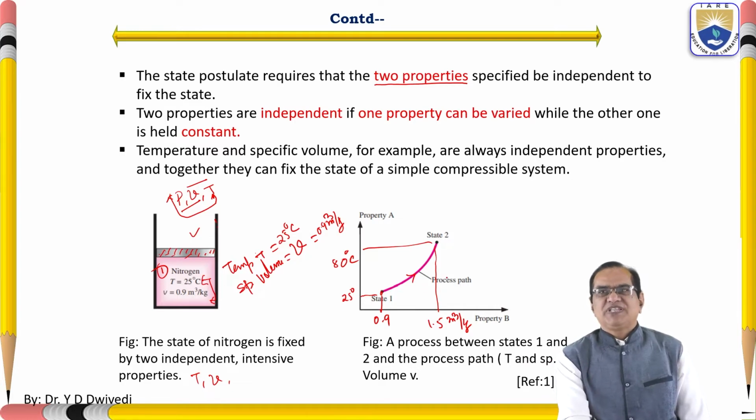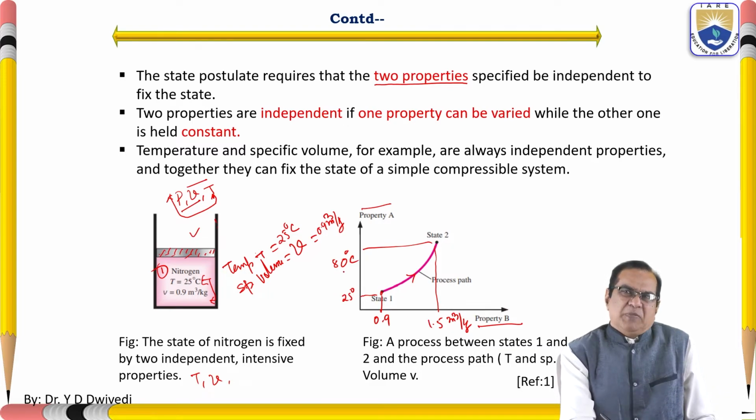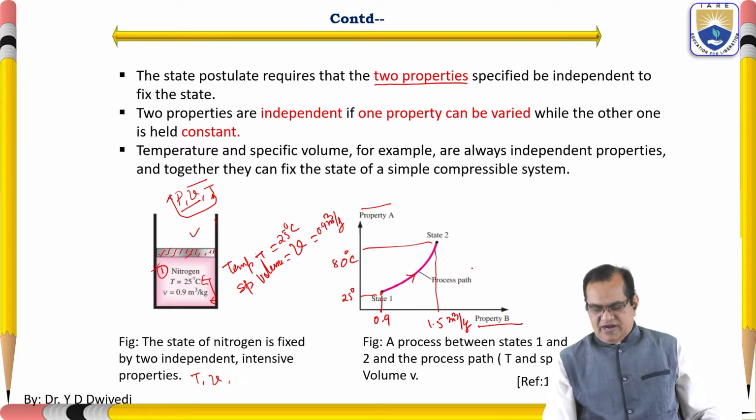Here is property B and here is property A. It can be PV or TV or PT, anything you can draw accordingly.